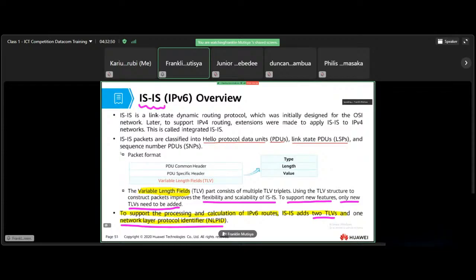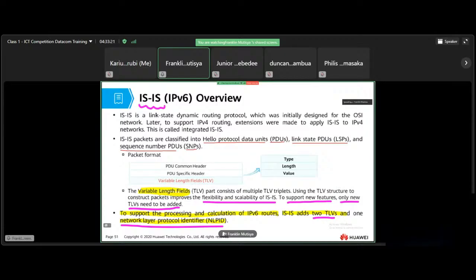The sequence number PDUs are the ones that we are calling SNPs. For SNPs, we have two types: the complete sequence number PDUs and the partial sequence number PDUs.